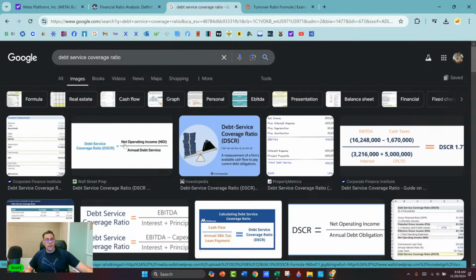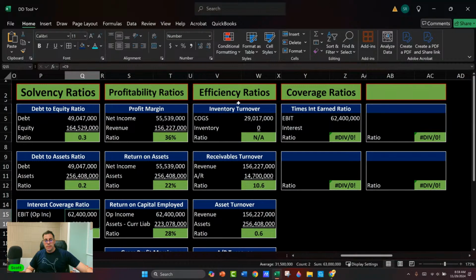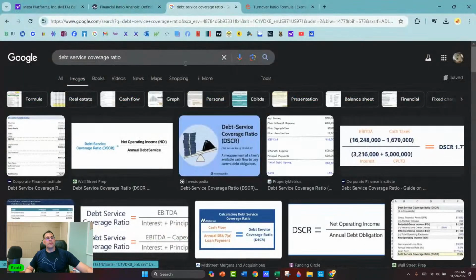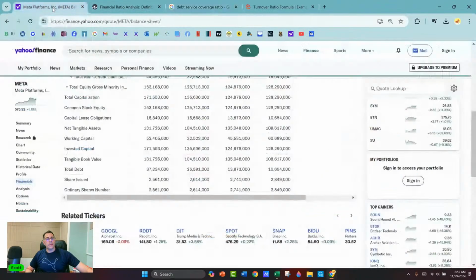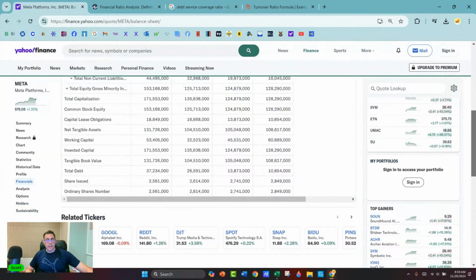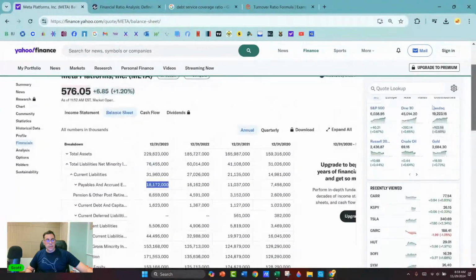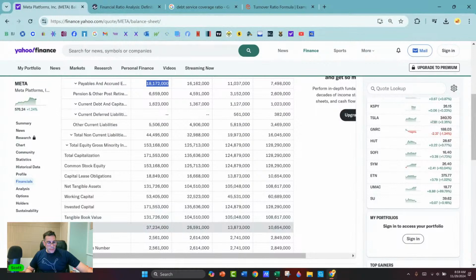Operating income over debt service. Well, debt service includes principal. I'm trying to think, how do they have that in Yahoo Finance? I don't know if they do.